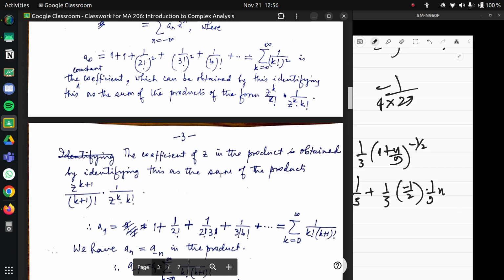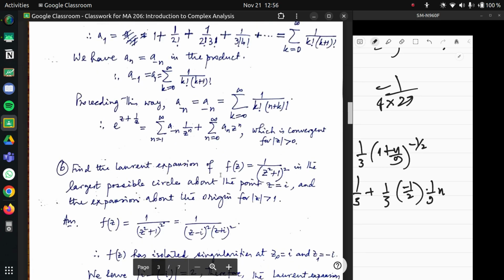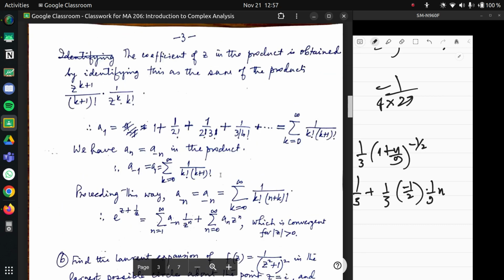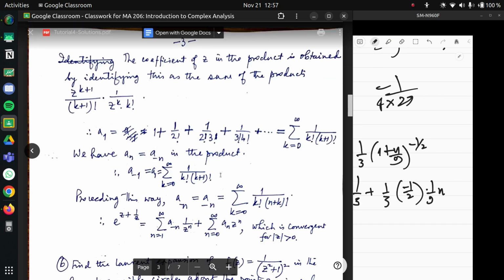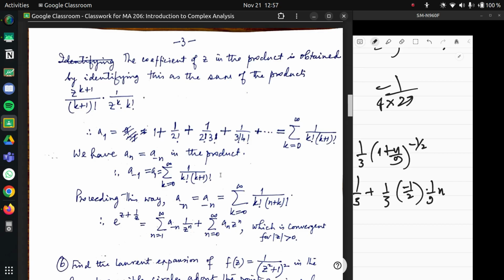So a sub 1 you have the same thing. And in general, what do you have? Wait, what did they do? A sub minus 1 is this thing. Oh, this is just the usual Laurent expansion thing.